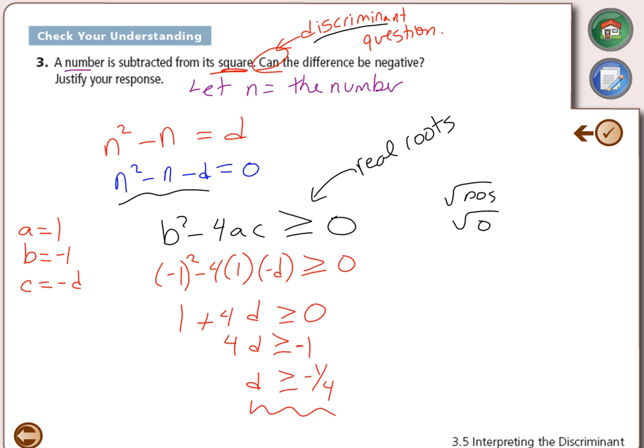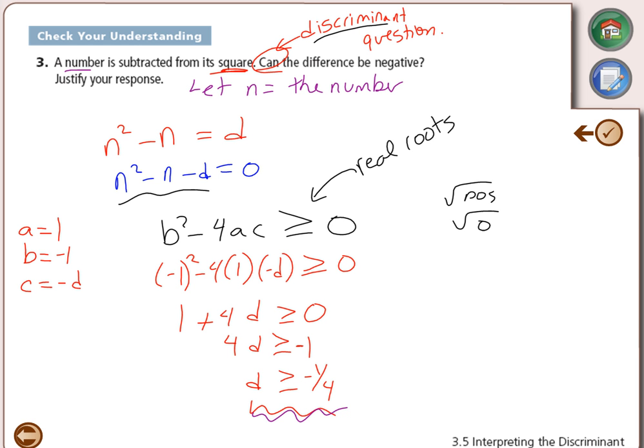Okay. What this is meaning is that the difference will always be greater than or equal to negative 1/4. No matter what value of n you choose, you're always going to have a difference greater than or equal to negative 1/4. So now the question is, can you get a difference that's negative?